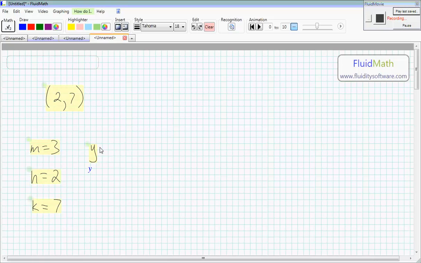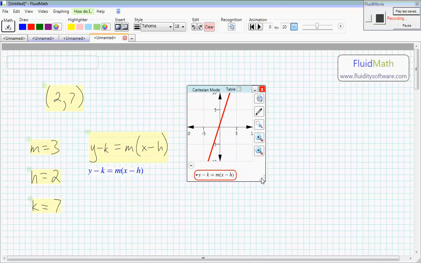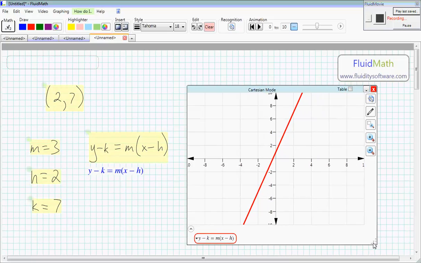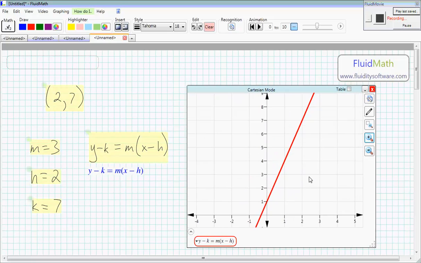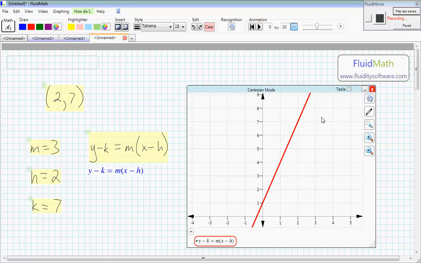So we have y minus k equals m times x minus h. And we'll graph this. Let's check our work. So we're supposed to pass through the point 2, comma 7.